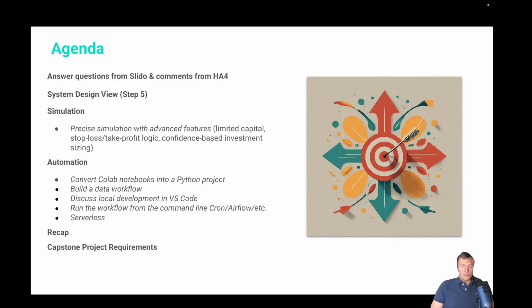We will run the workflow from the command line, and I will show you how to run it via automated environment. And finally, we will talk about serverless. That means that you may not even need to rent your own server or have your own machine that is always on and that is running your code every day.